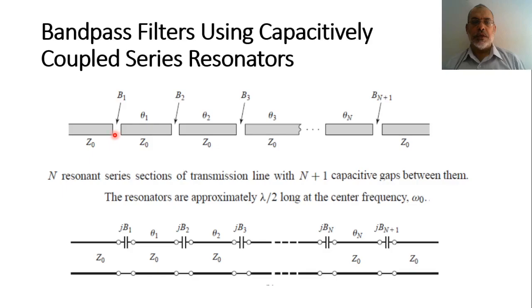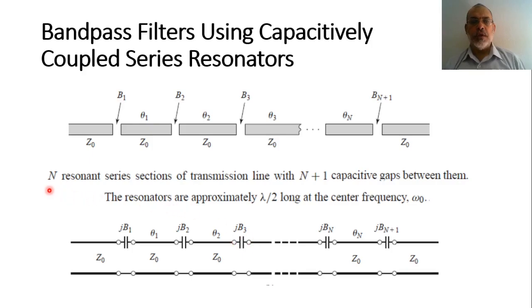So the equivalent circuit for the capacitively coupled series resonator circuit is a transmission line of characteristic impedance Z0 connected in series to a capacitor with an admittance JB1, connected to a transmission line resonator of theta 1, connected to another capacitor JB2, and so on.